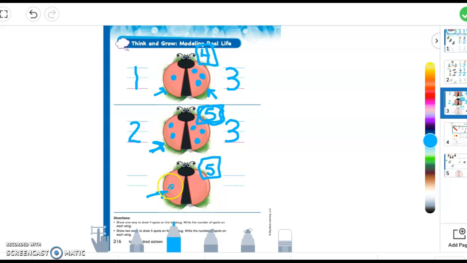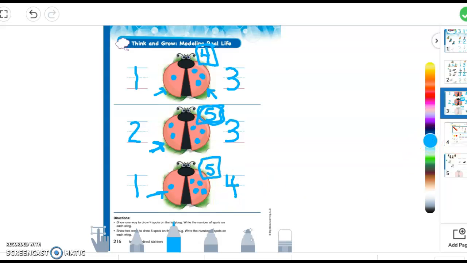So let's see. 1, 2, 3, 4, 5. So how many is on this side? 1. And 1, 2, 3, 4 on this side. So 1 and 4 is 5.